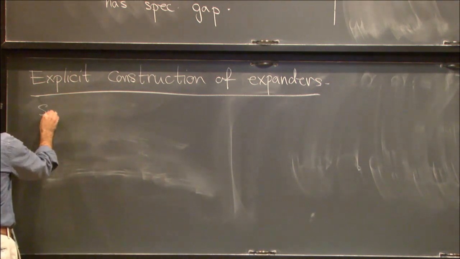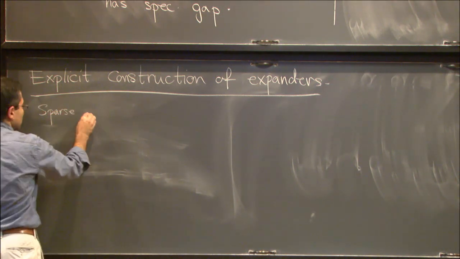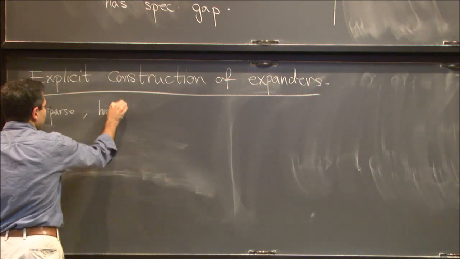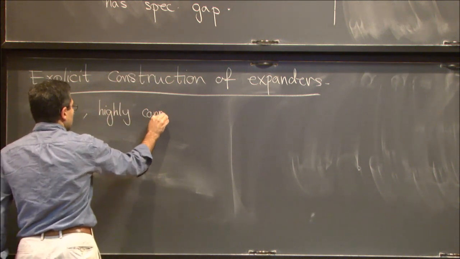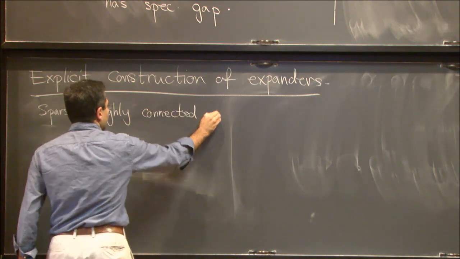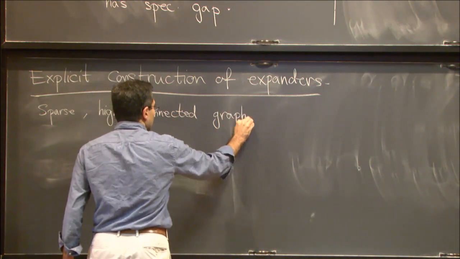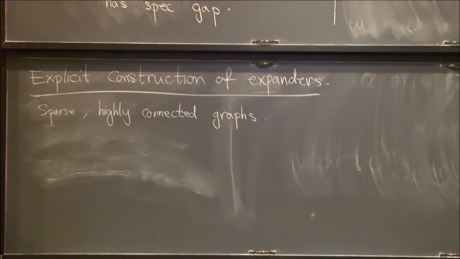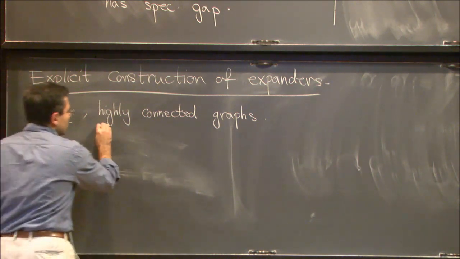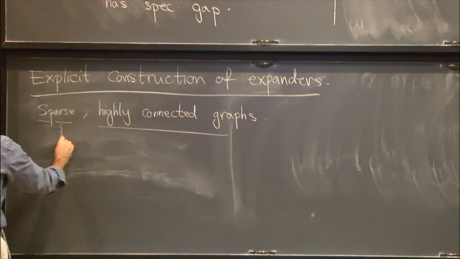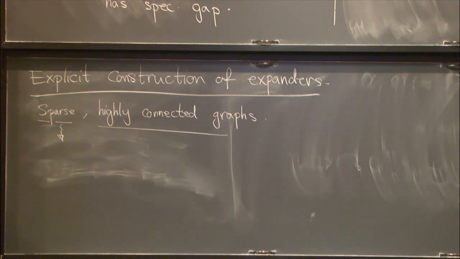But I have to tell you what it means: sparse, highly connected graphs. One way to formulate it is to say I'm going to have a family of k-regular graphs where k is fixed. As the size of the graphs gets larger and larger, this is going to be very sparse.